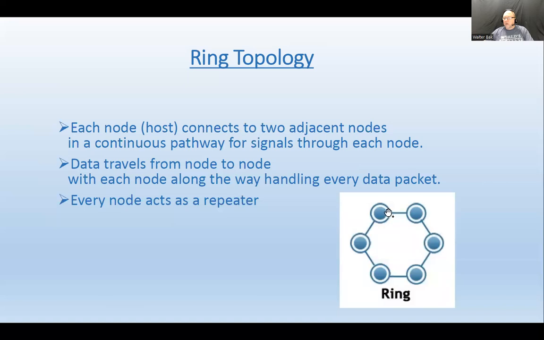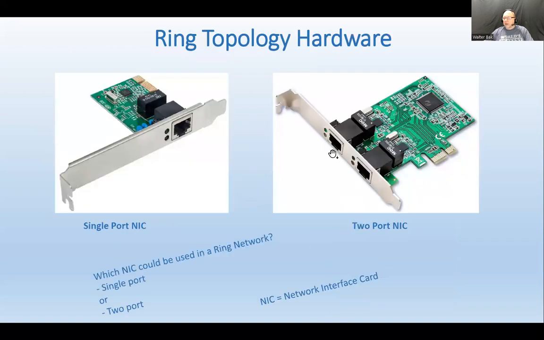If you look at the way the signal travels, of course, we're going to have to use a 2-port network interface card for every node, because you have to connect to one on the left, and to the other node on the right, or whatever the sides would be. So practically, you would have to have the double port network interface card.